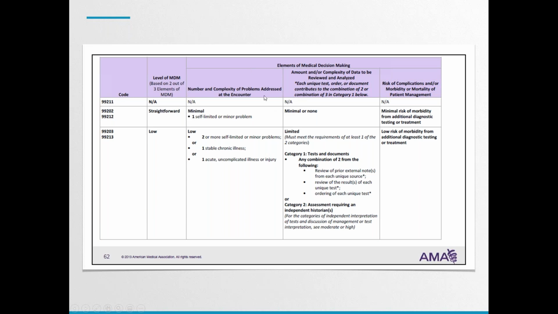The number and complexity of problems that are addressed, well, straightforward is 1, self-limited or minor problem. Low, when we move up a notch, we have 2 or more self-limited or minor problems, or 1 stable chronic illness, or 1 acute uncomplicated illness or injury.